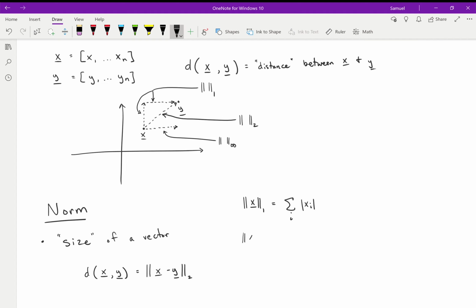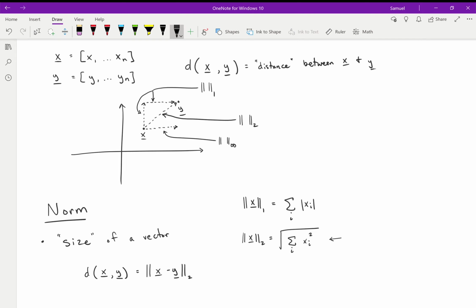Now we have the L2 norm, and that is going to be this. So we've got x_i squared, and then we do the square root of the sum of the squares. So this is probably what you're used to, right?